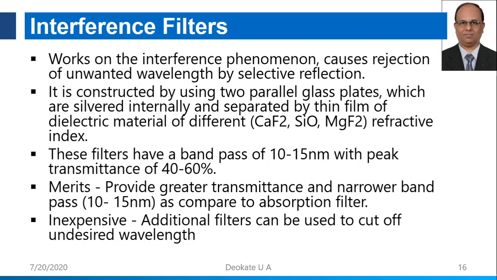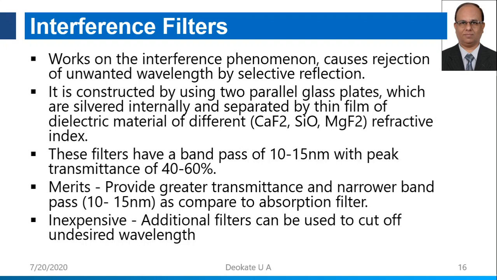So you have seen in the filters that if you are using an absorption filter, we can change the wavelength by 30 nanometer, whereas if you are using the interference filter, we can change the wavelength by 10 nanometer. If you want to go for scanning, that is changing the wavelength within the region, means if you want to scan your substance in the UV region, you have to go from 200 nanometer to 400 nanometer.